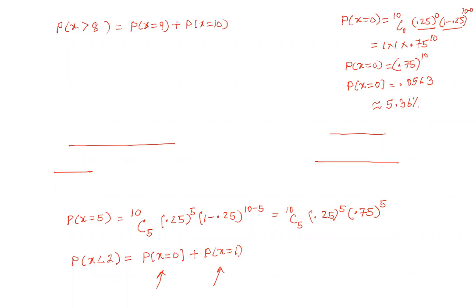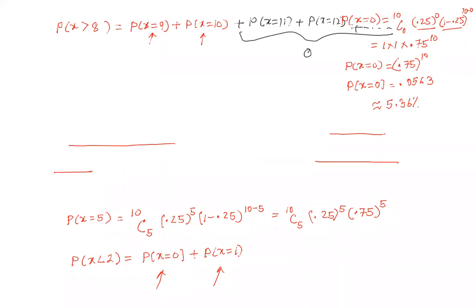In theory, it is plus probability, so let me use a different color to distinguish, plus probability of x is equal to 11 plus probability of x is equal to 12 plus, it keeps going forever. But all of these probabilities are what? 0, because if you have 10 questions, you cannot have 11 right or 12 right. So that's what it is. Now you can calculate this probability using the formula and this probability using the formula, then you're good.